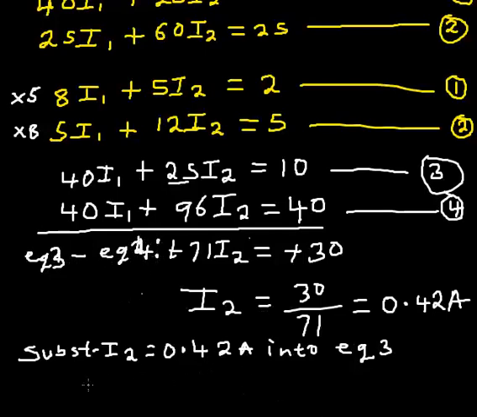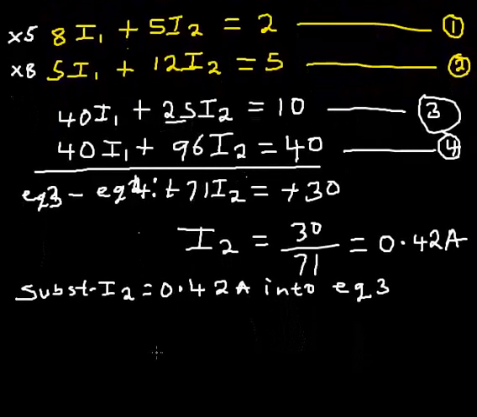Now if I substitute i2 being equal to 0.42 into equation 1, it is much easier. Equation 3 has higher factors, so I'll put it in equation 1.